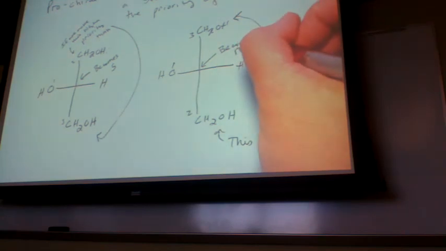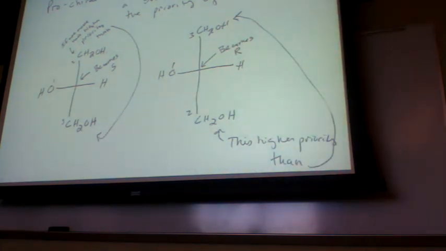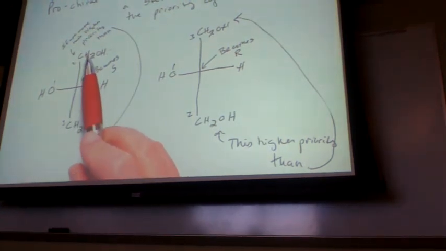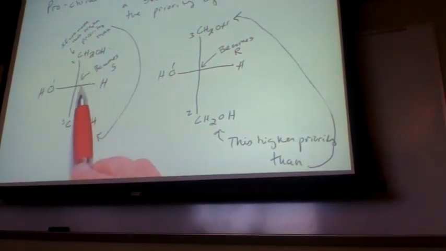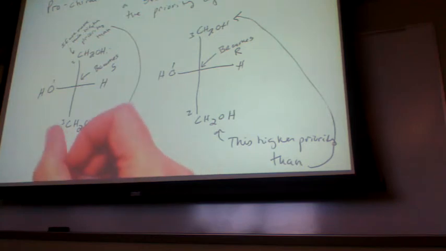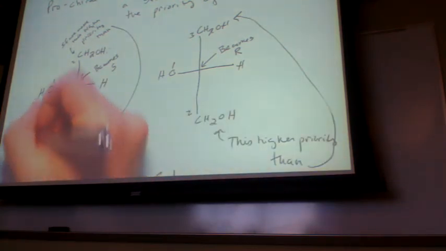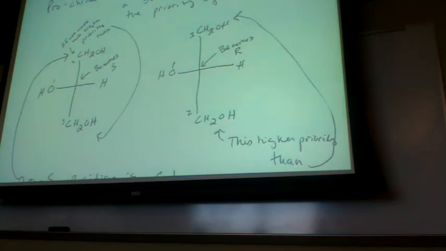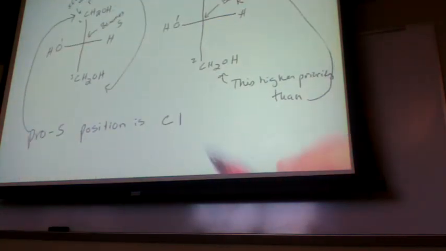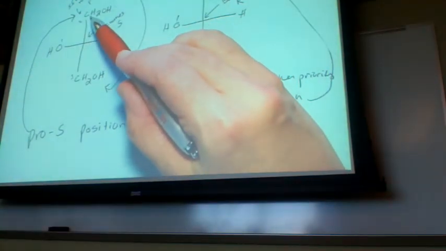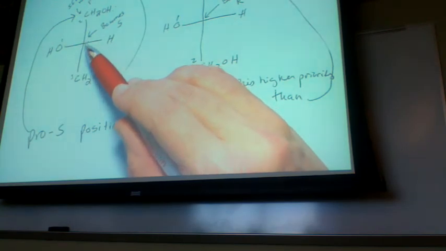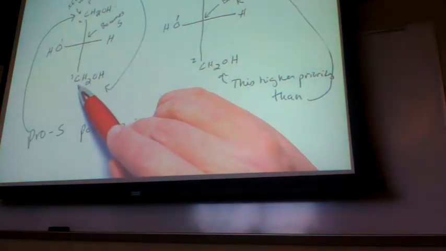It's R. So that tells me that giving the higher priority to this one gives me an S configuration, so my pro-S position is C1, and that is this one. Has to be that one. So this is carbon number 1, this one's carbon number 2, and that one is carbon number 3. Here's your numbering of glycerol.